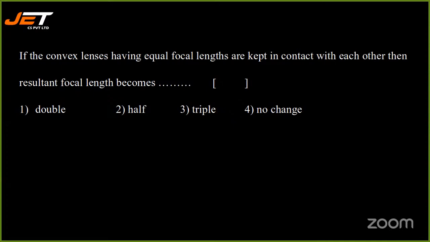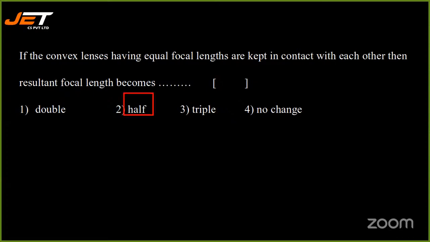Because they are placed together, what will be the formula? 1 by f combined is equal to 1 by f1 plus 1 by f2. f1 and f2 are the same here. So 1 by f plus 1 by f is 2 by f. So f combined will be f by 2. It is half.